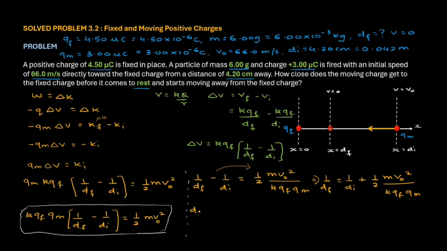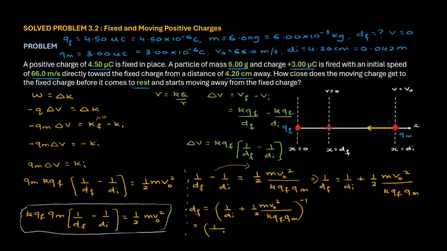I get d final equals 1 over d initial plus half m v0 squared over k q fixed q m, the whole thing inverse. Now let's substitute the values that we have.